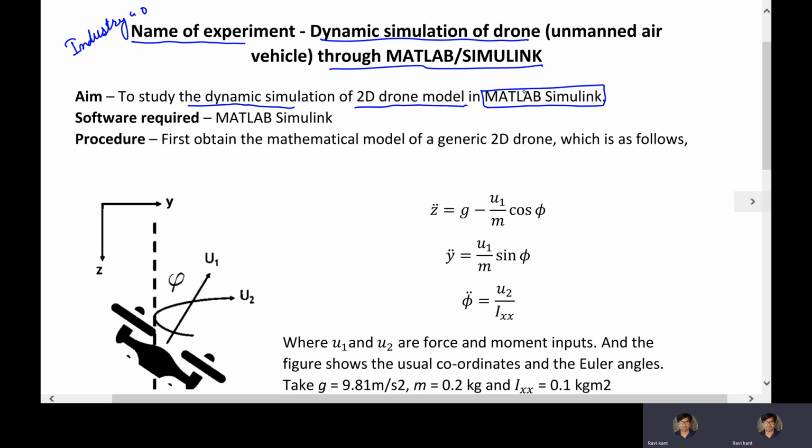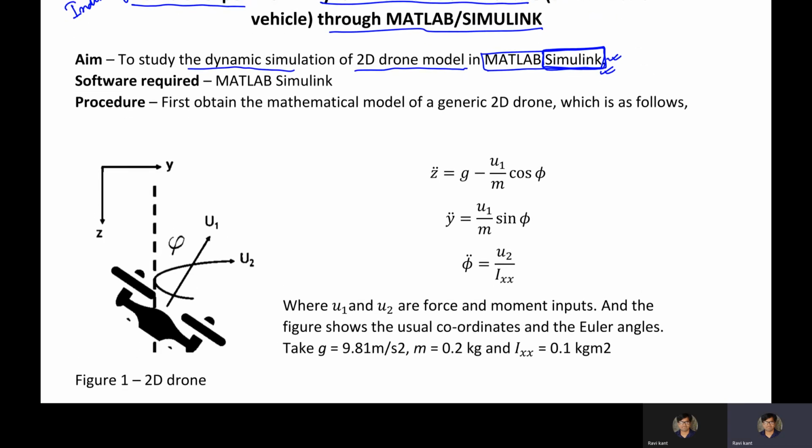Most precisely, we will be taking a MATLAB plugin known as Simulink, which is an additional plugin you can see in your regular MATLAB software. This is a package where you can actually simulate your dynamical system.